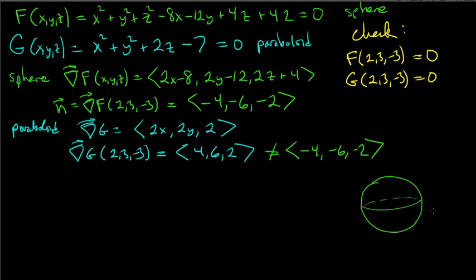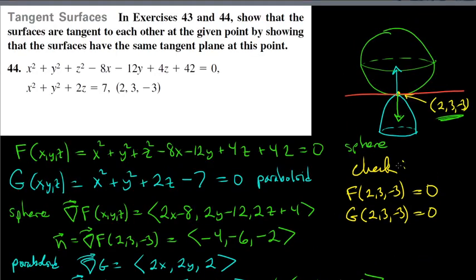Imagine this is the paraboloid. I don't think it is, but that's close enough, right? So in this case, the tangent plane will be this, and this point of intersection here is still 2, 3, negative 3. Okay, so that should give you the picture here.